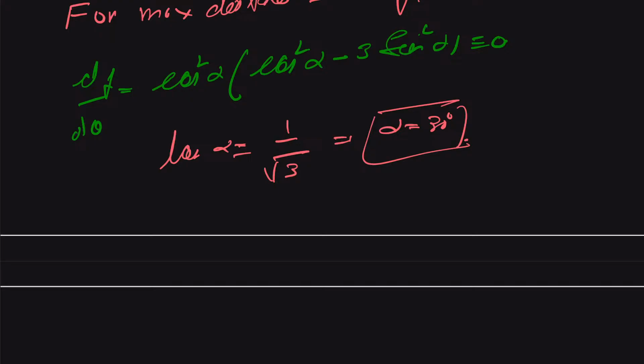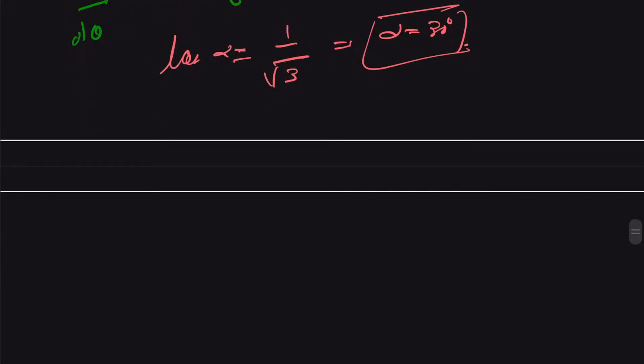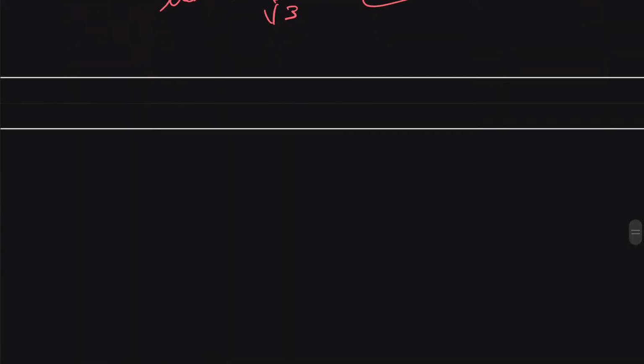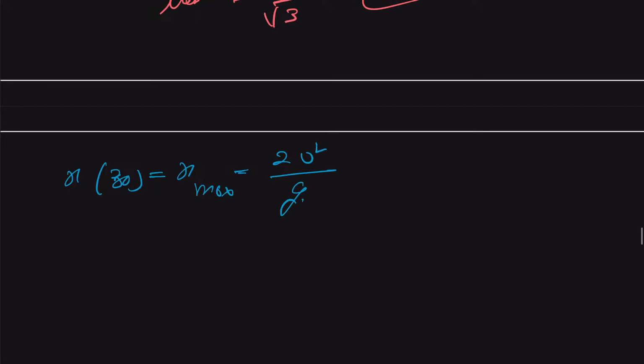Now for this launch angle, we are going to get maximum distance. Now we put this alpha into the x equation. So x at 30 degrees will be our maximum, equal to 2v square upon g, and we have cos cube alpha.